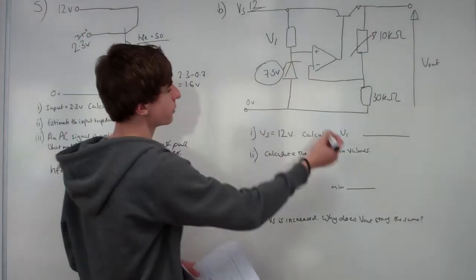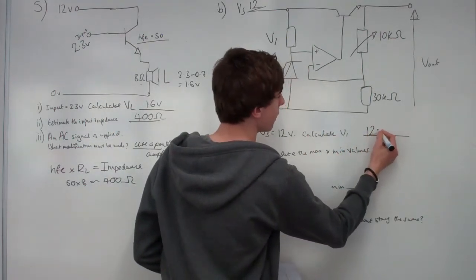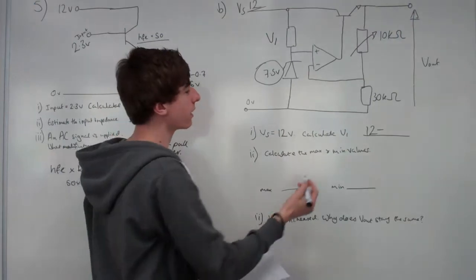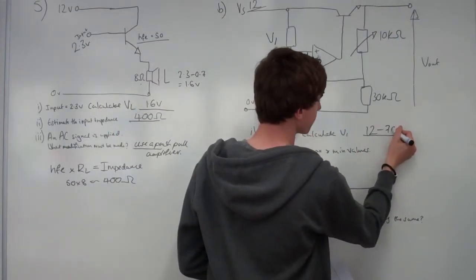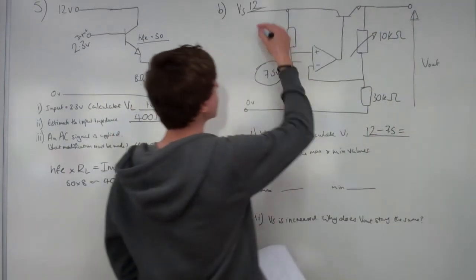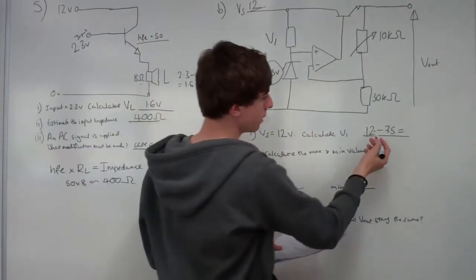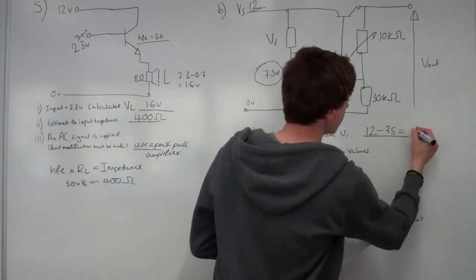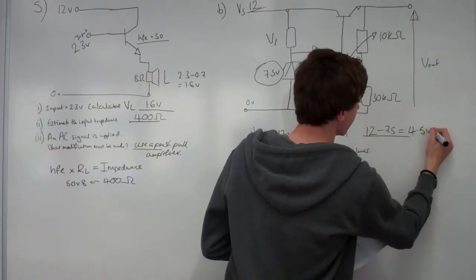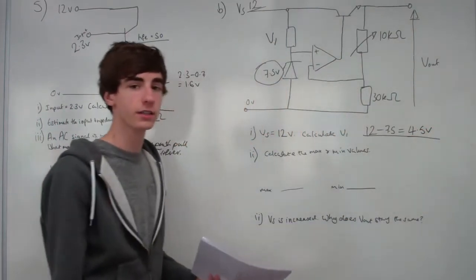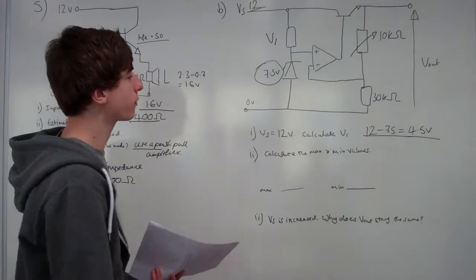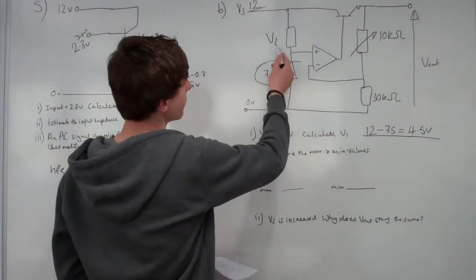So we know the supply voltage is 12, and we know the voltage across the Zener is 7.5. So we know that the voltage V1 here must be 12 minus 7.5, which is 4.5 volts. Nice and easy. You just remember that that has got to add up with that to make that.